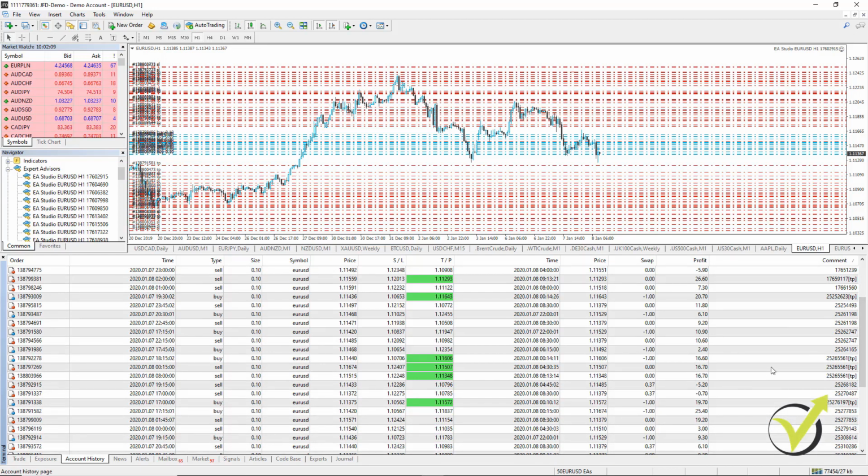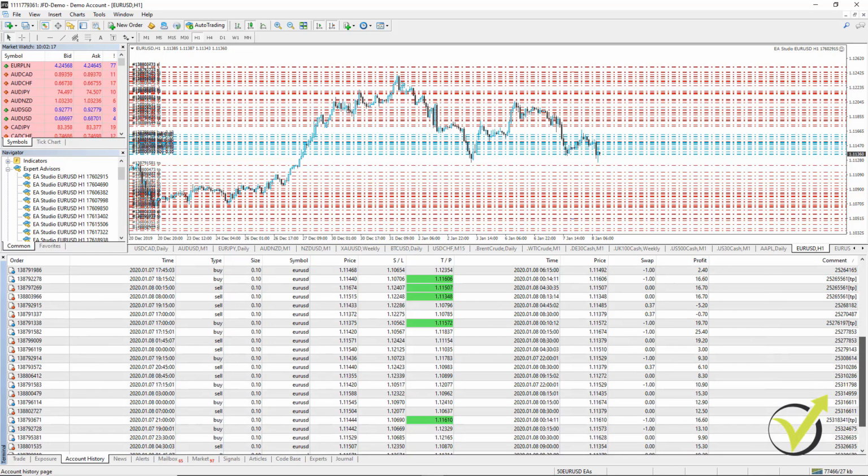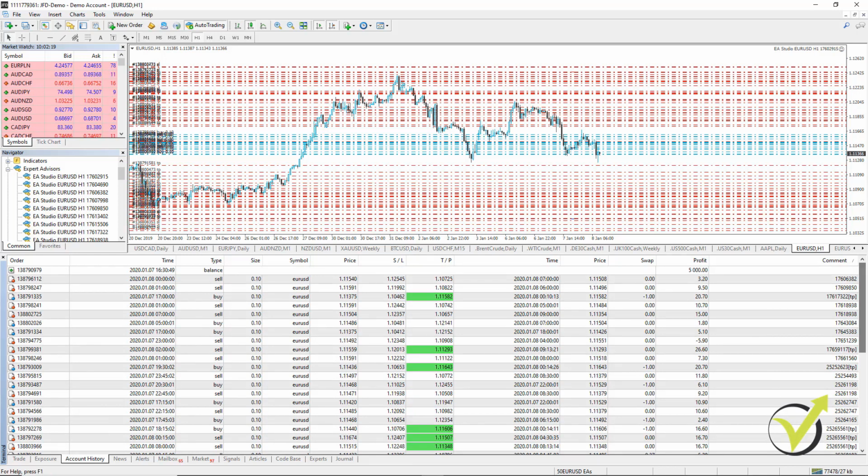You need to calculate it or put it in Excel. And this is just less than one day of trading, like 12 hours. When I trade with these experts longer, it will be really hard to do it from the account history.